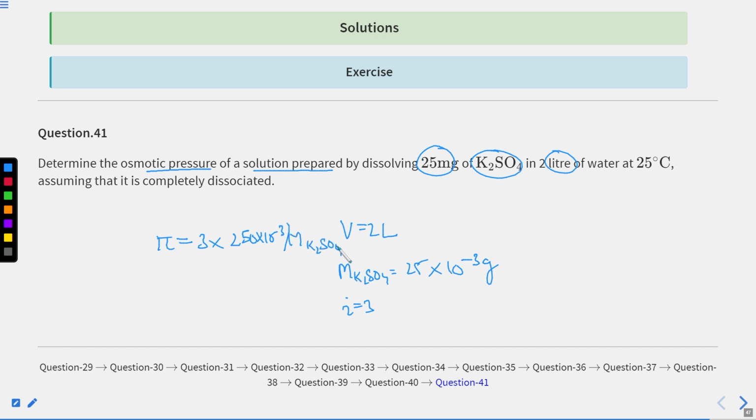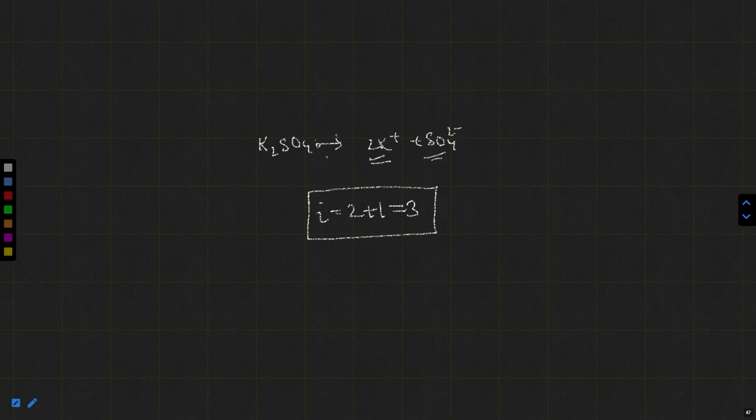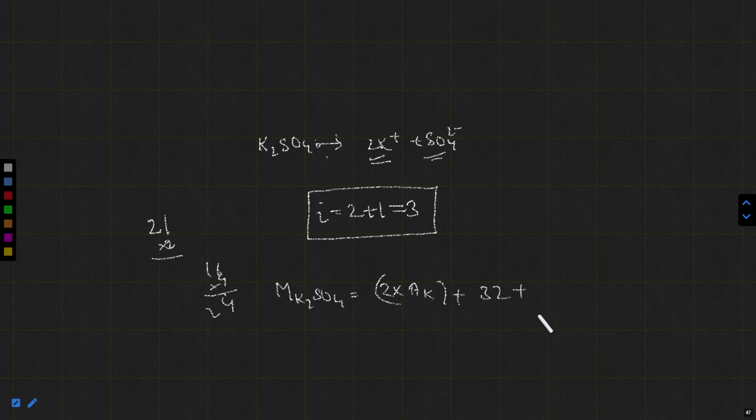I will calculate the molar mass of K2SO4: 2 into the atomic mass of potassium, approximately 39, plus sulfur 32, plus oxygen 16 into 4, which is 64.